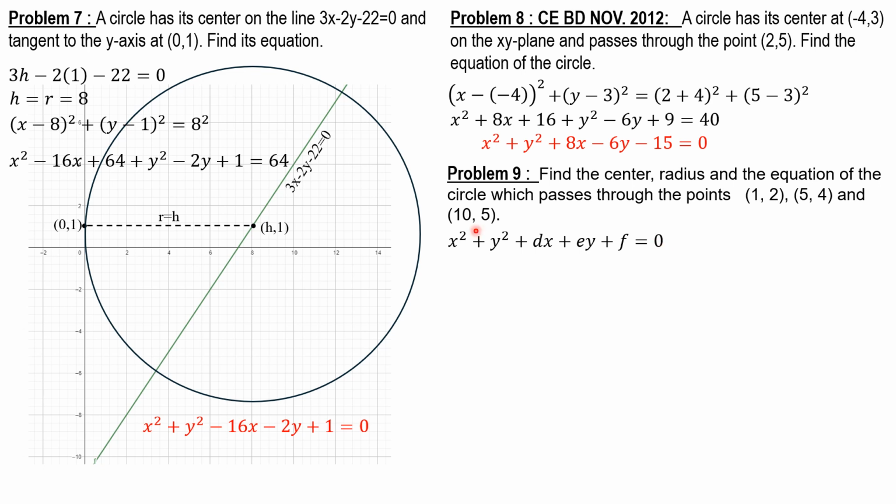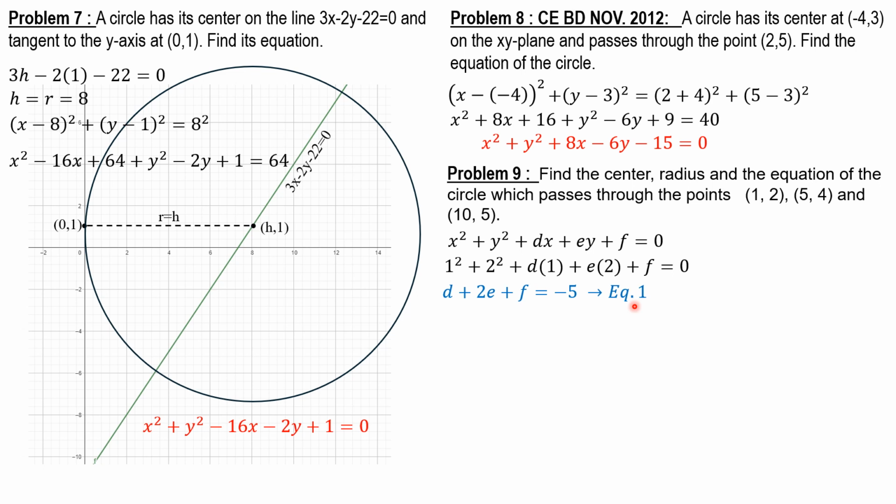So we substitute the first point on the circle, which is (1, 2). So 1 squared plus 2 squared plus d times 1 plus e times 2 plus f equals 0. Simplifying, we have d plus 2e plus f equals negative 5.